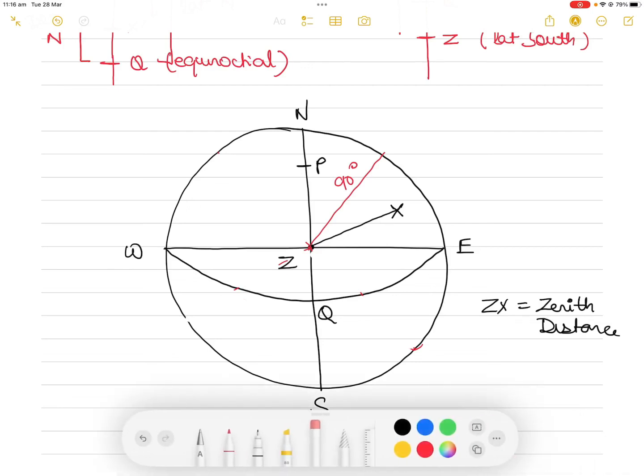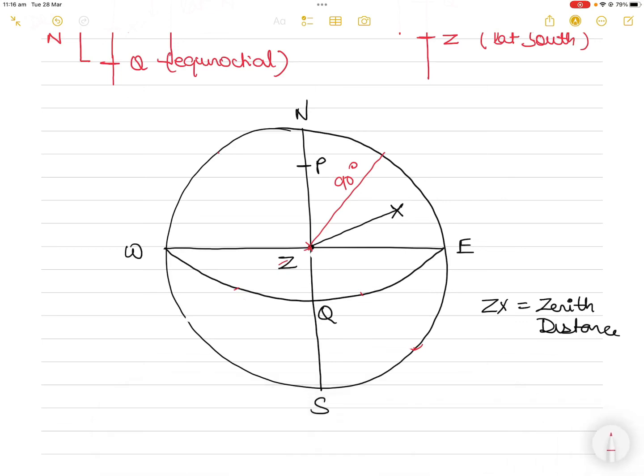Angular distance means, let's say Z is 90 degrees in this case, and I draw a line perpendicular to this, which means this distance is 90 degrees. It's an angular distance. So the distance that the plane passing through the observer makes with the rational horizon at any point of time is 90 degrees of angular distance.